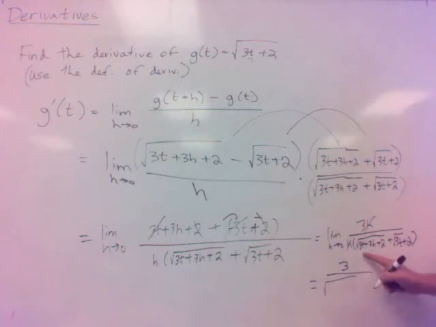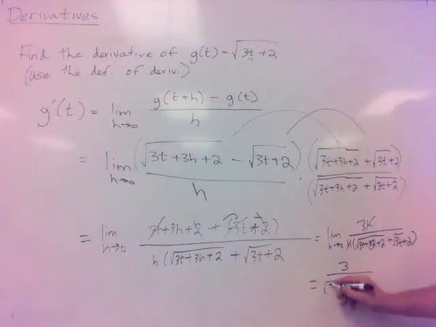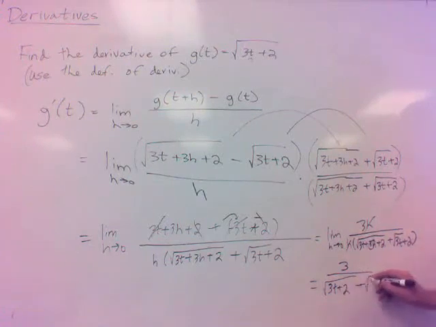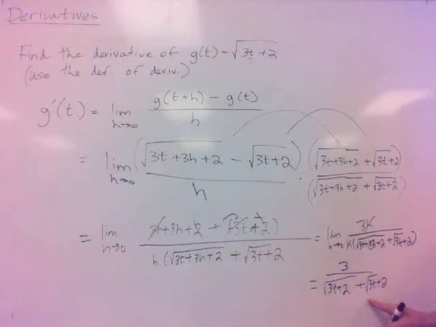Since h is going to 0, that'll just be the square root of 3t plus 2. So don't I have on the bottom 2 square roots of 3t plus 2? So it's going to be 3 over 2 square root of 3t plus 2.